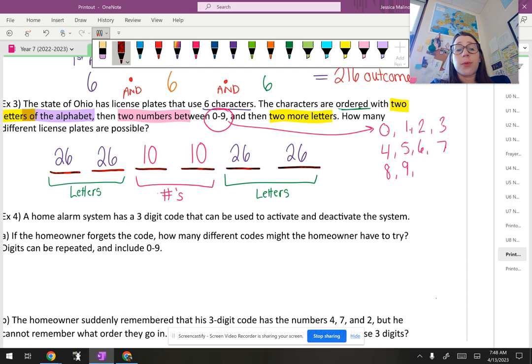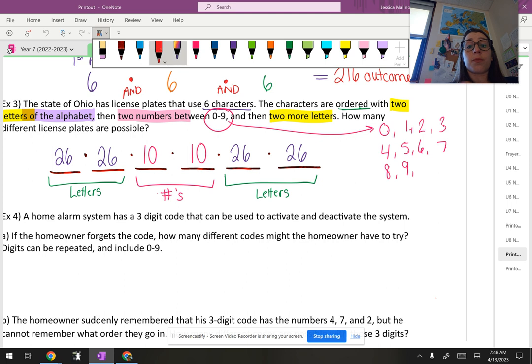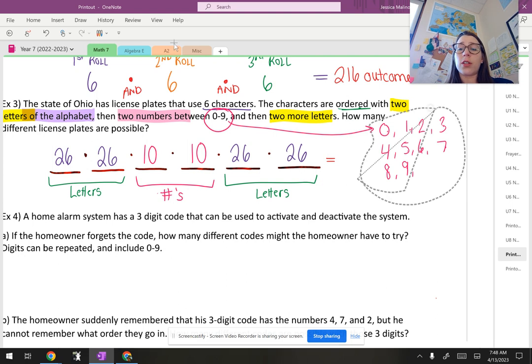Now, for the license plate, am I picking a letter, or a number, or a number, or a letter? No, it's and, because that's the name of the game, and because the fundamental counting principle tells us to be using multiplication here. So, 26 times 26 times 10 times 10 times 26 times 26 is going to be something obscenely large. First, I'm going to need to scooch this out of the way.